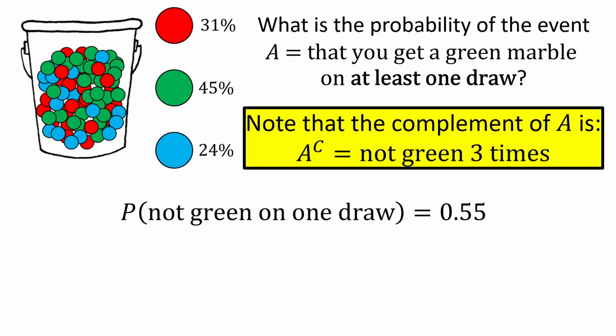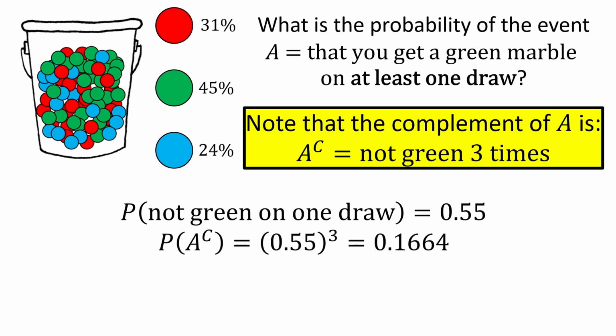And because you're replacing the marble, on the second draw it's the same probability, and on the third draw, again, it's the same probability. And so the probability of not green 3 times in a row is just the probability that you don't get green on a single draw to the power of 3. And so that's almost 17%.